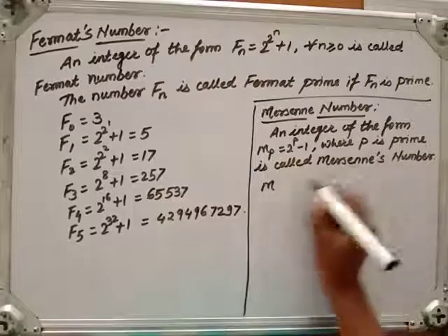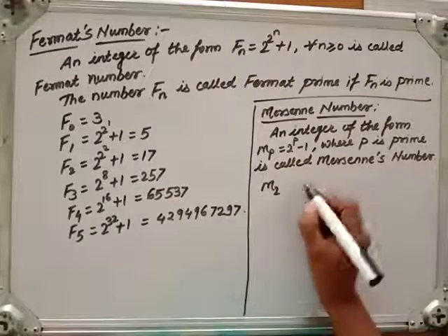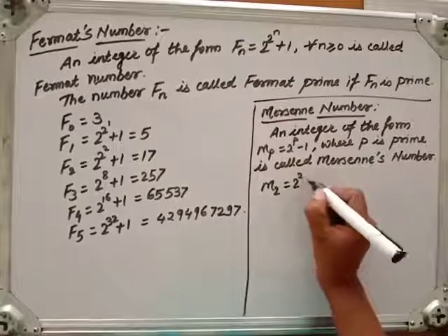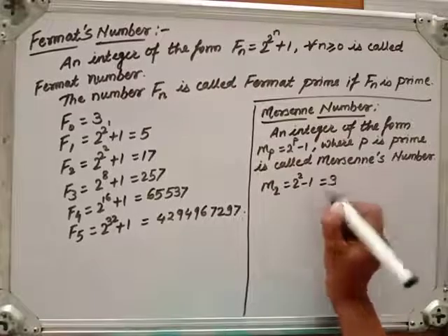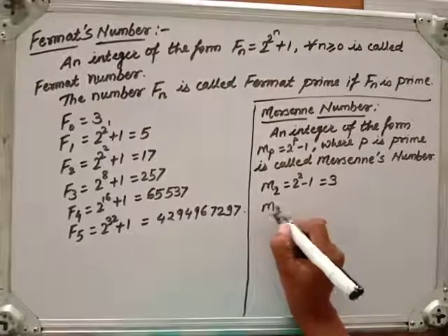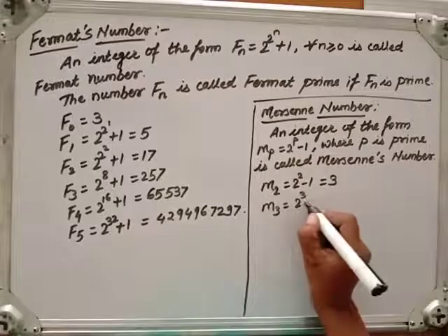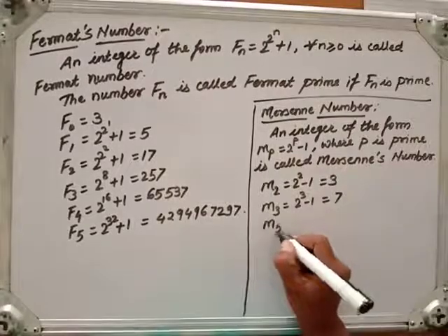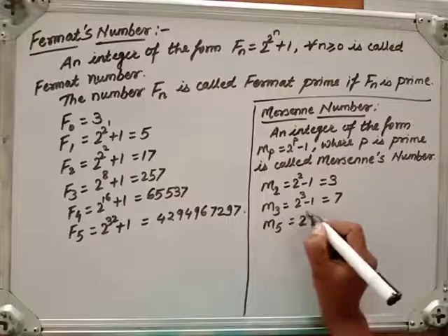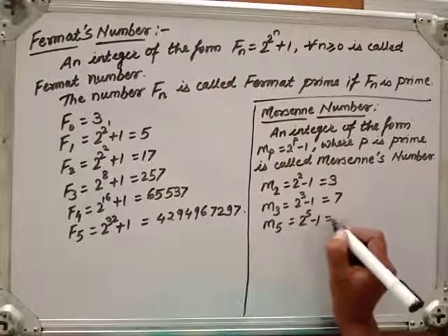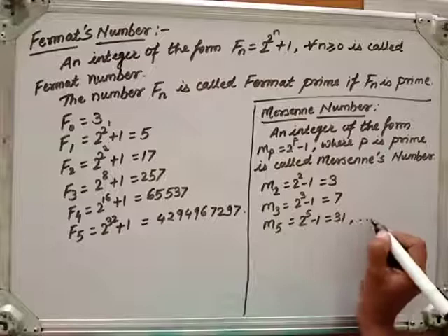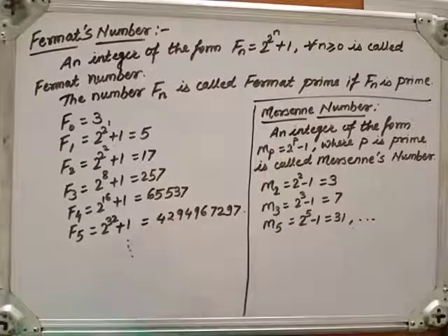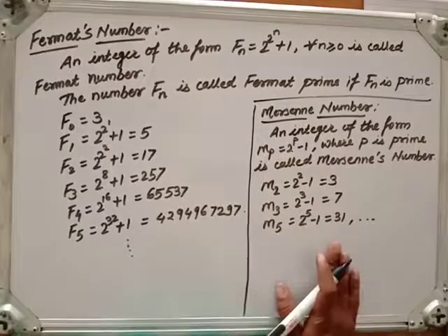So p is a prime, so it will start from M2. What is M2? It's 2 square minus 1, that is 3. M3 will be 2 cube minus 1, that will be 7. M5 will be 2 raised to 5 minus 1, that is 31, and so on. This is about the Mersenne number.